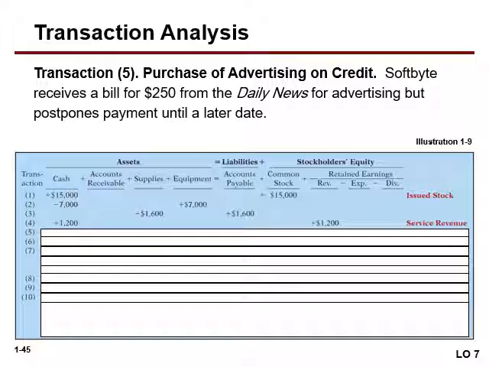Transaction number 5, purchase of advertising on credit. SoftByte receives a bill for 250 from the Daily News for advertising but postpones payment until a later date.